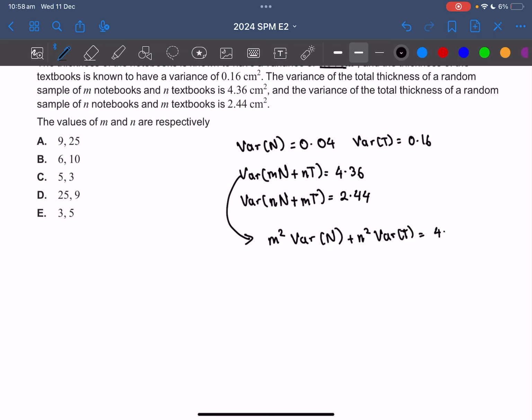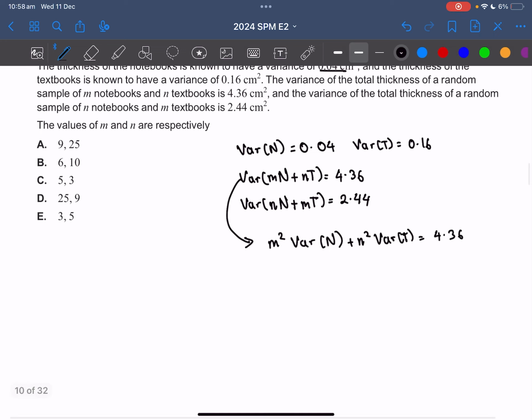That is equal to 4.36. And then this can be written as N squared variance of N plus M squared variance of T equals 2.44.